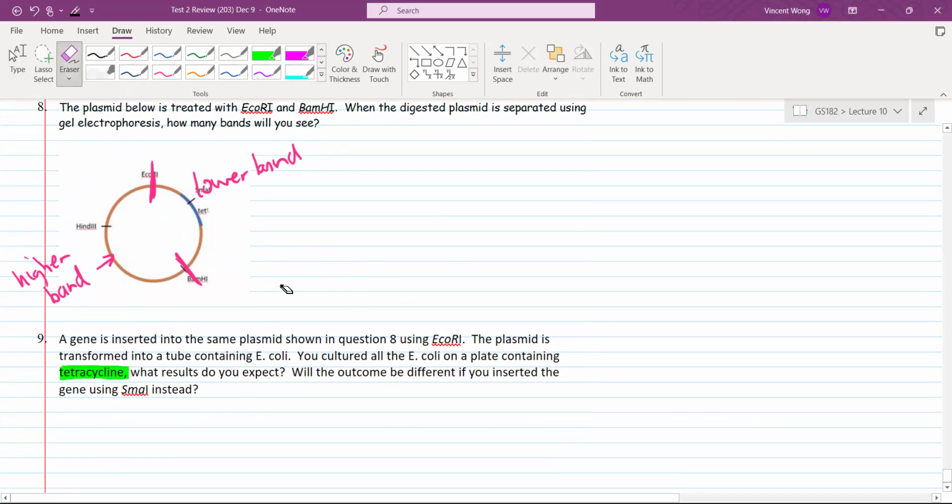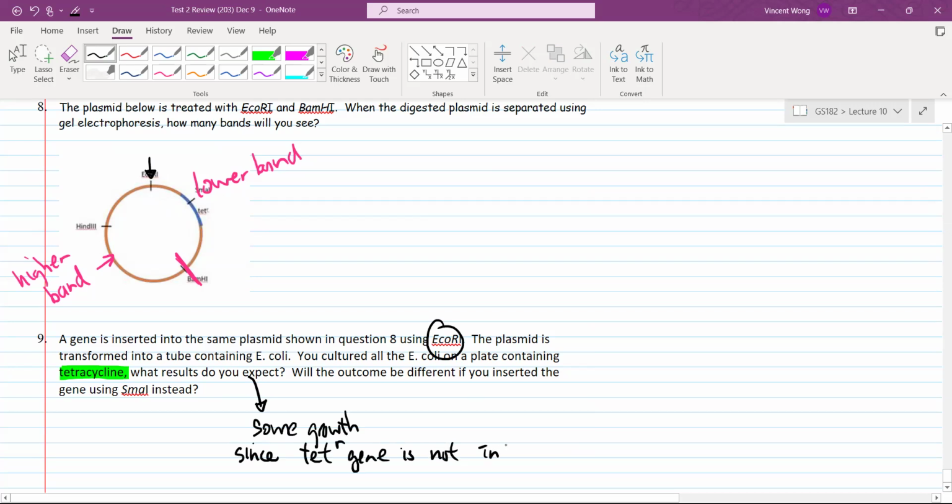Well, if you insert with EcoR1, the gene goes right here, and it will not interrupt the tetracycline resistance gene, so you will expect some growth, since the TetR gene is not interrupted by the insertion.